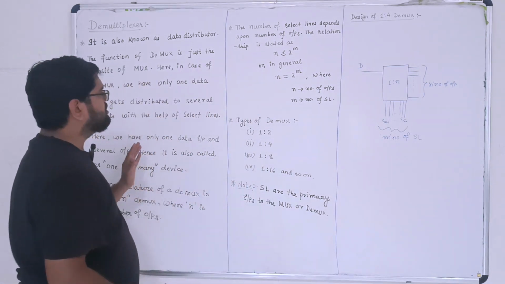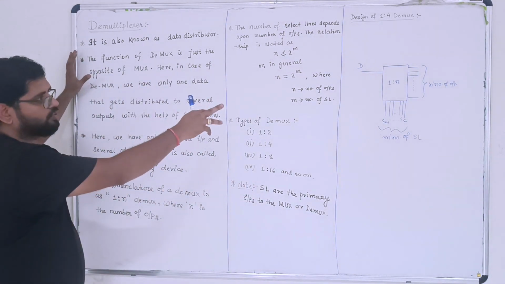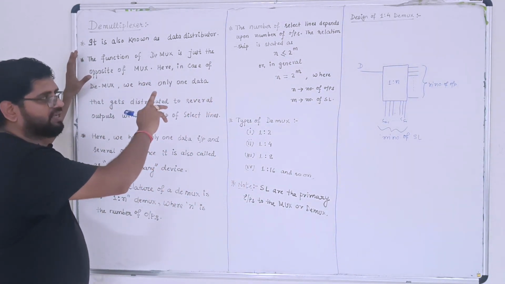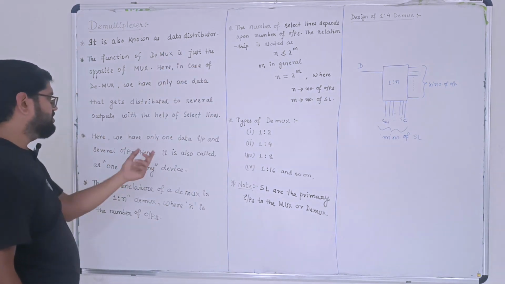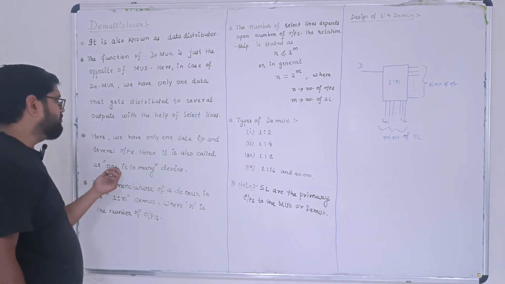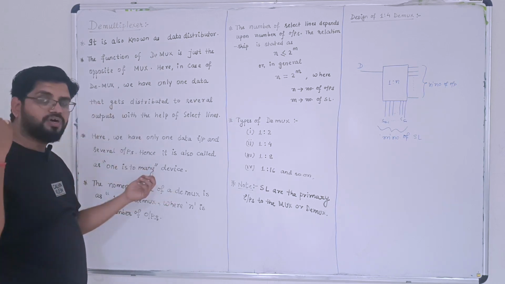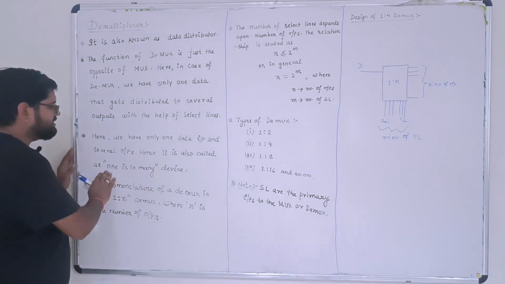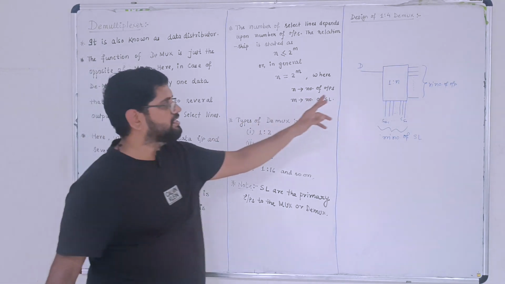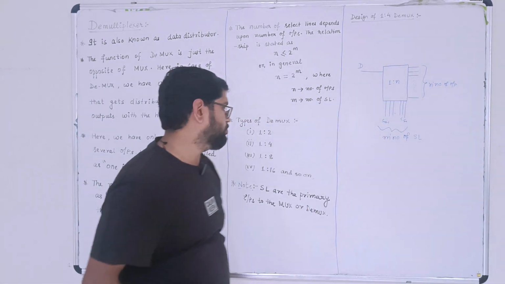Now coming back, in the demultiplexer we have only one data input and many outputs, and therefore it is sometimes called a 1:many device. The multiplexer was called many:1. Here it is called 1:many, the reason being one data input and many outputs.